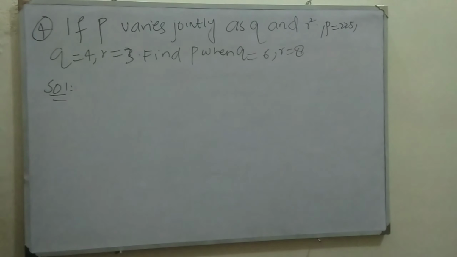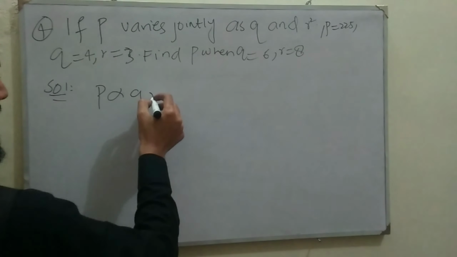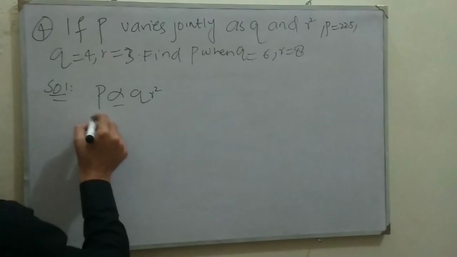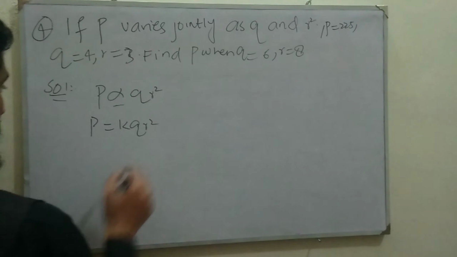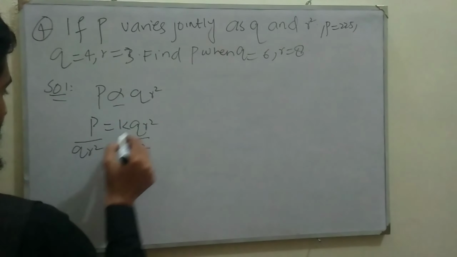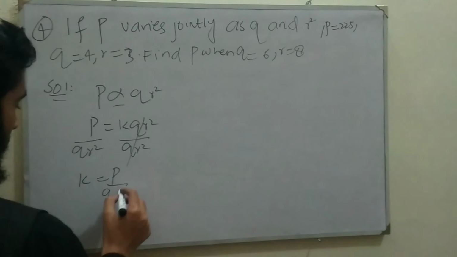Let us say that P varies jointly as Q and R square. So P is directly related with Q and R, jointly related with Q and R square. Removing the proportionality, we bring in the constant: P is equal to KQR square. Divide both sides by QR square. So the value of K will be equal to P divided by QR square.